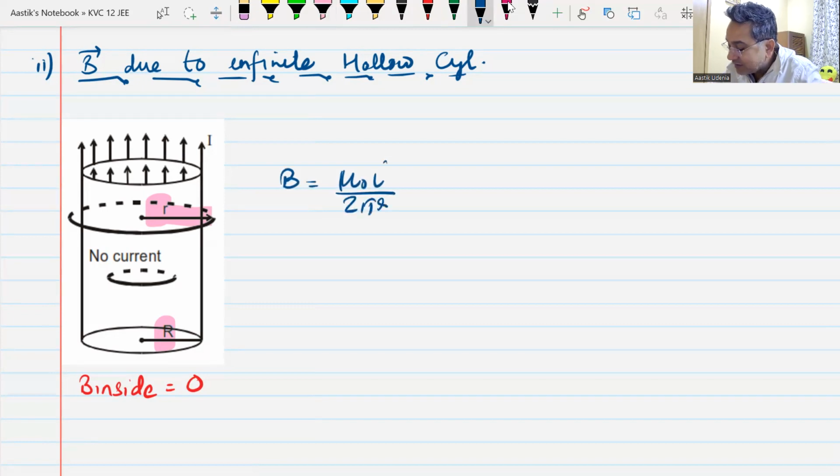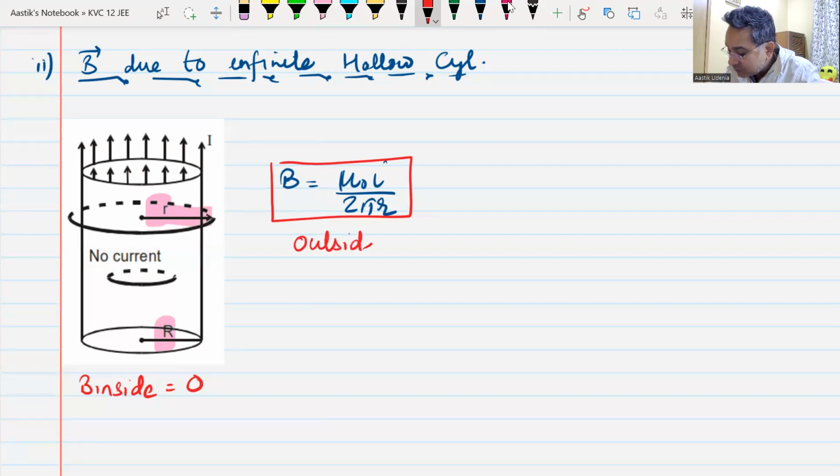It is exactly same as the magnetic field due to an infinite wire. Do we understand this? Yes, sir. So this hollow cylinder only behaves as an infinite wire. For any point outside, the magnetic field is going to come as same.